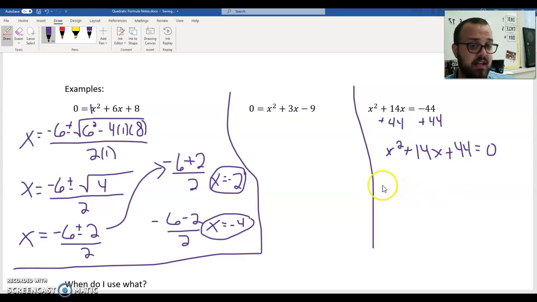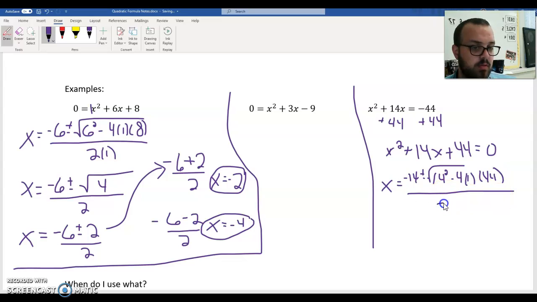So x is going to equal the opposite of b, so the opposite of 14, plus or minus the square root of 14 squared minus 4 times a, which in this case is 1, times c, which is 44, all over 2 times 1.